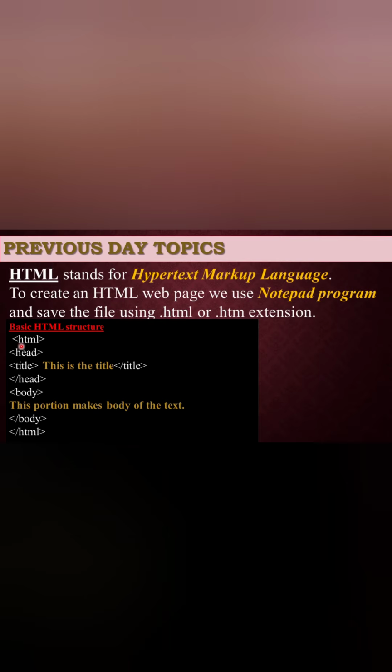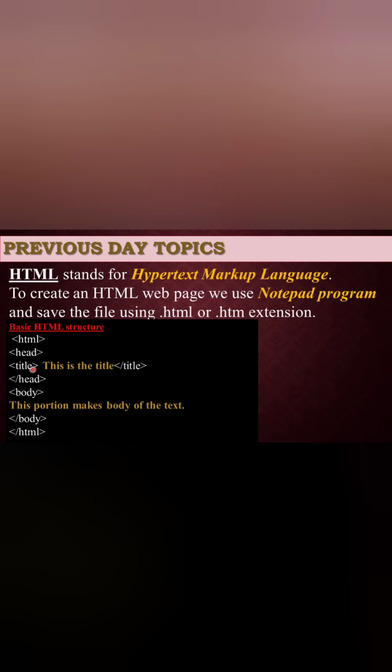You can see here we are using this HTML tag at the beginning and end of the HTML document. Then header tags. Header contains all the information about the document that will not appear on the actual page. So this header will not appear on your actual page, but it contains information about the document. Okay. These are the header tags.